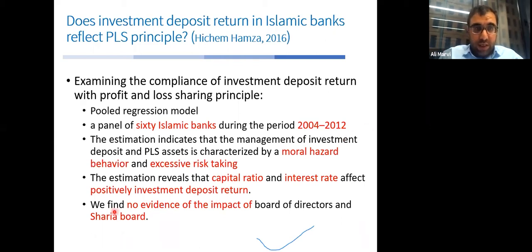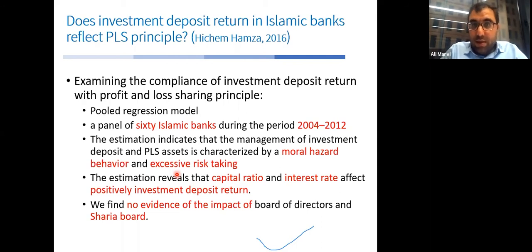Also, he found that there is no evidence of the impact of the board of directors and the Sharia board. In the governance structure of Islamic banks, there is a body called the Sharia board to guarantee the correct, Sharia-compliant execution of Islamic contracts.